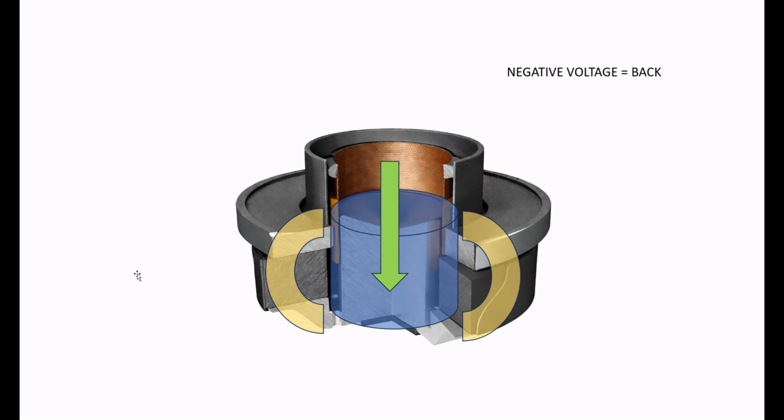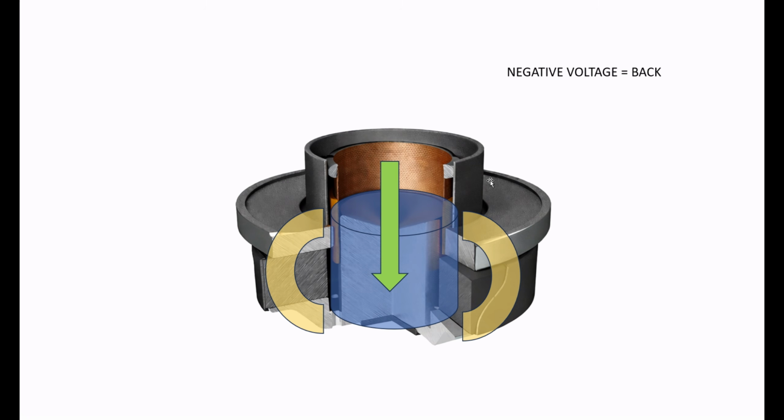All right, but when we do apply a current to the voice coil, it creates an electromagnetic force and starts acting like a magnet, and then it will interact with the fixed magnetic field, right?